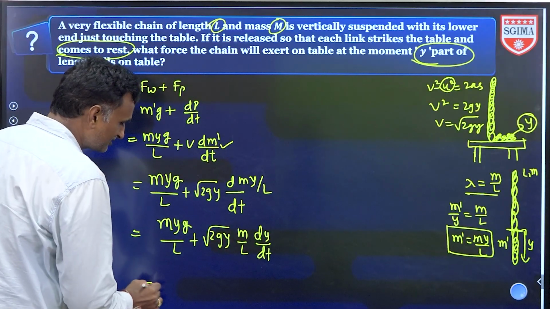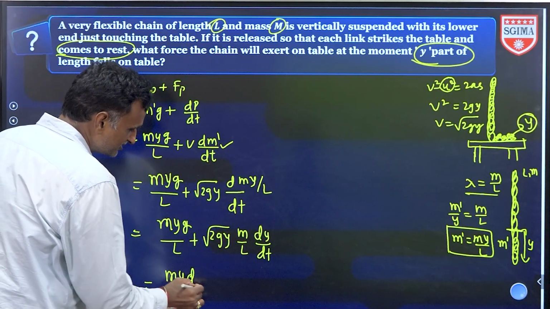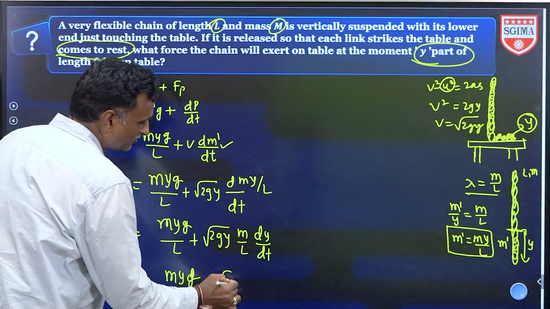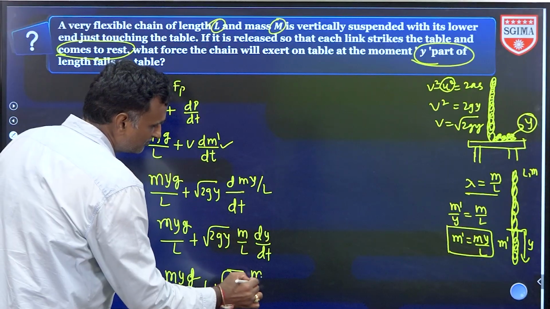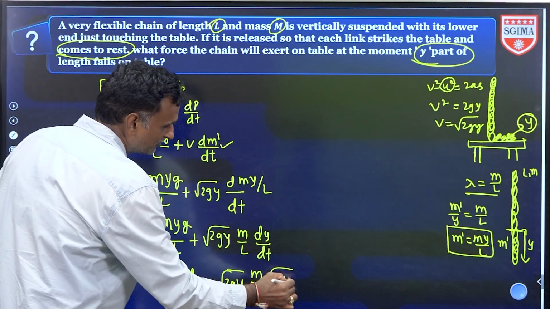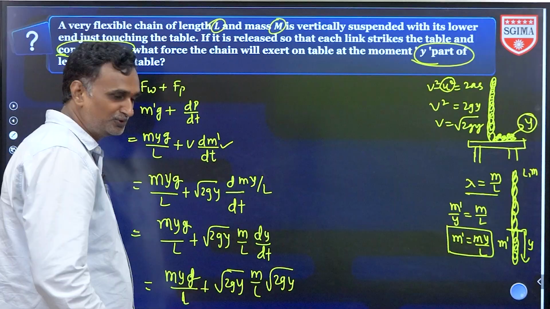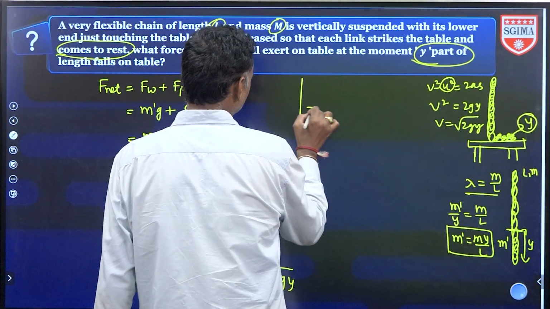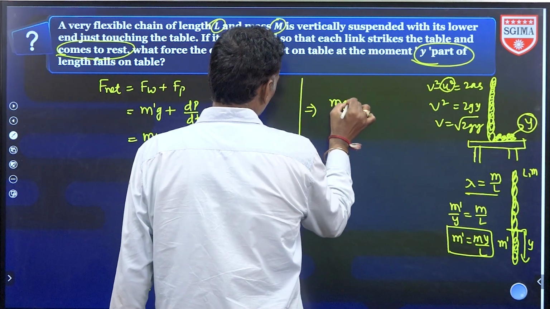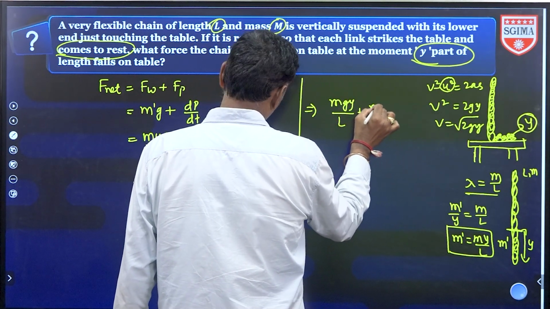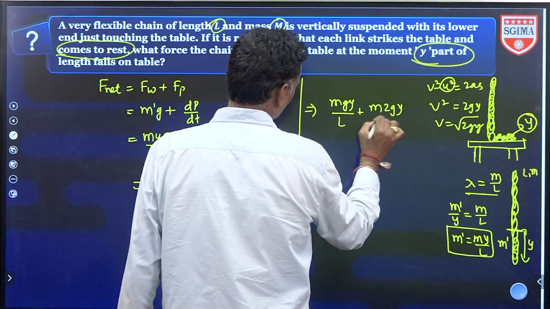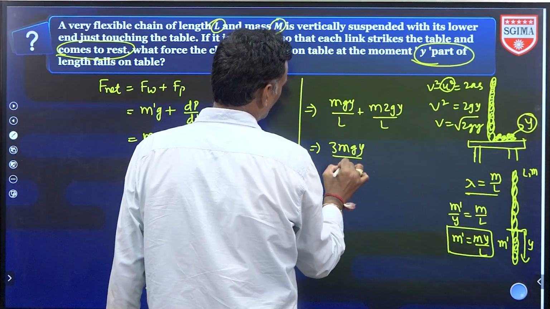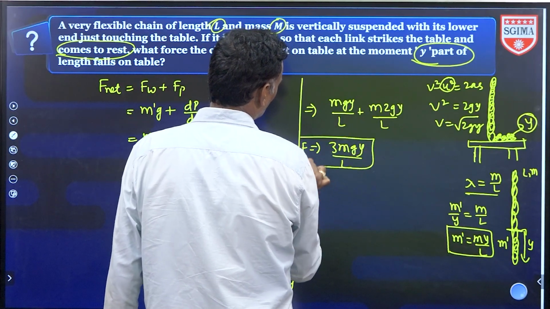So we can write g by L plus, m by L root 2gy, root x into root x, so 2gy. On simplifying, m g y by L plus m into 2gy by L. So totally 3 m g y by L.